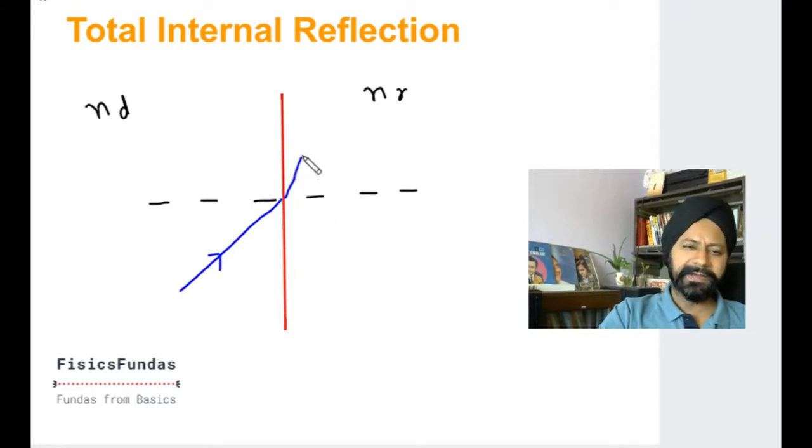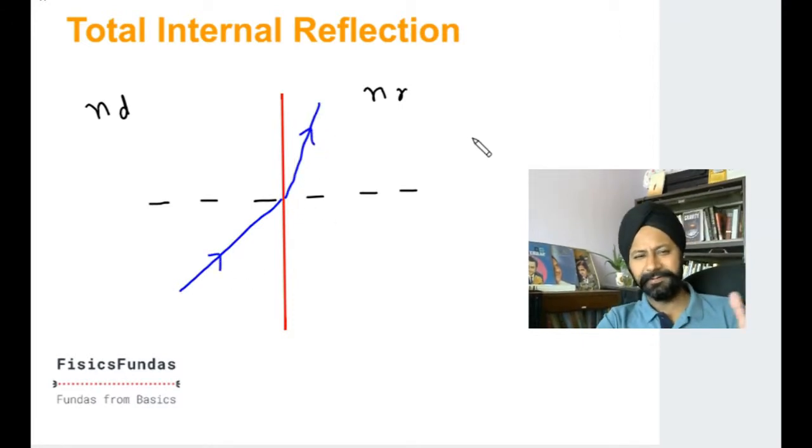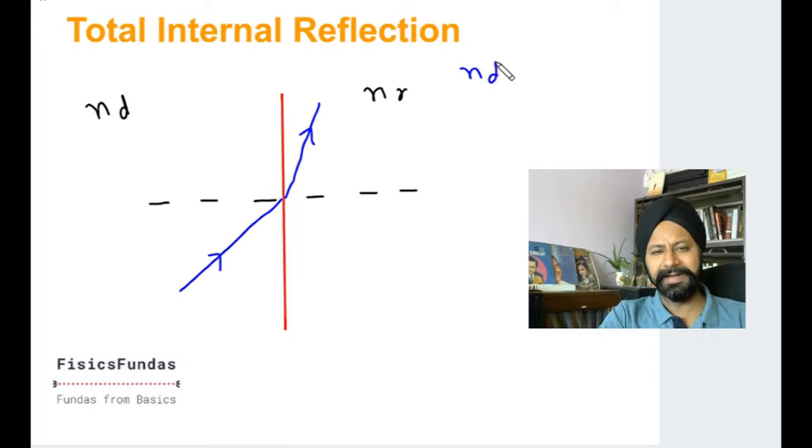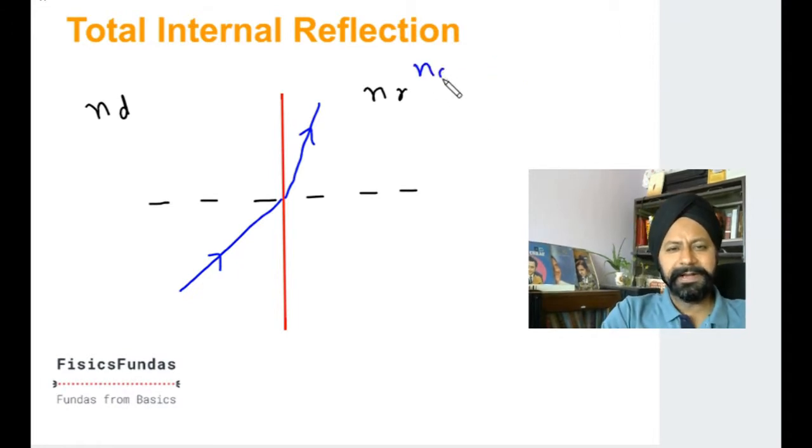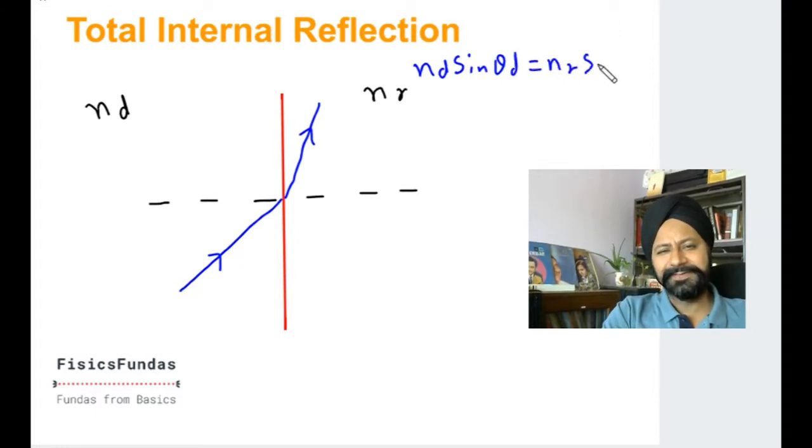Now it is going to bend away from normal, obvious, right? So nd times sine theta d is equal to nr times sine theta r. Let me write that properly, because that's going to be used here. Nd sine of theta d is equal to nr times sine of theta r, right?